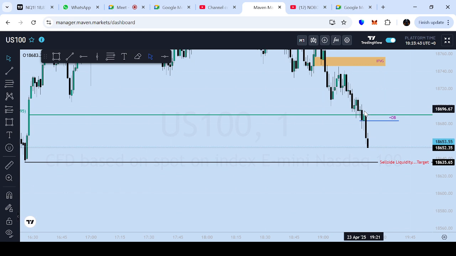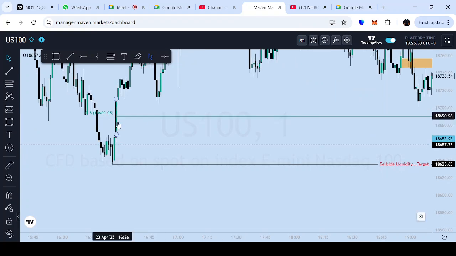You could see the first touch at the discount area, then a rejection block there. Then second touch, we have the third touch, then the fourth candle that breaks below the consequent encroachment of this inefficiency, BC. Price coming back to it, trading back to it again is going to act as a resistance. We have a small fair value gap.